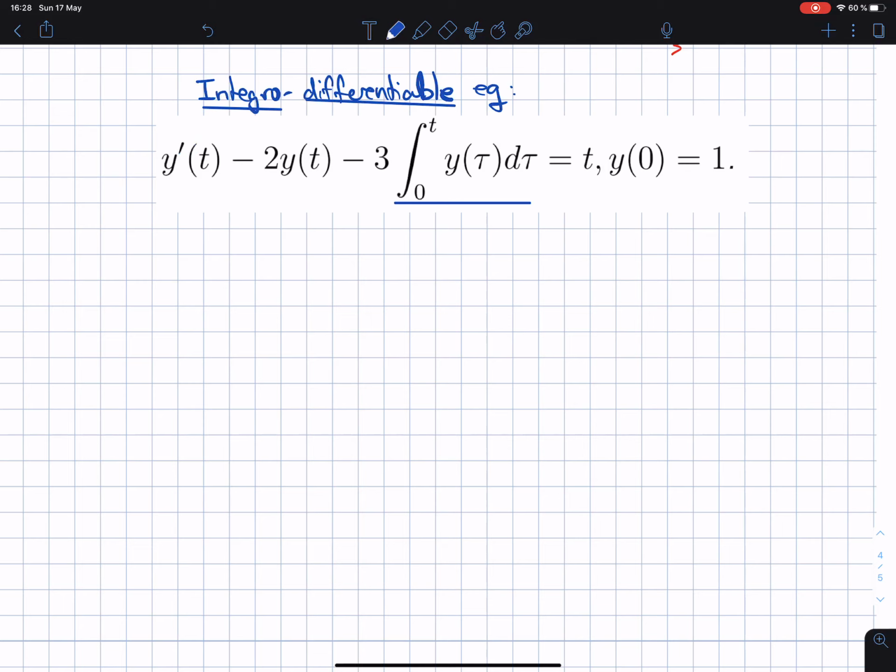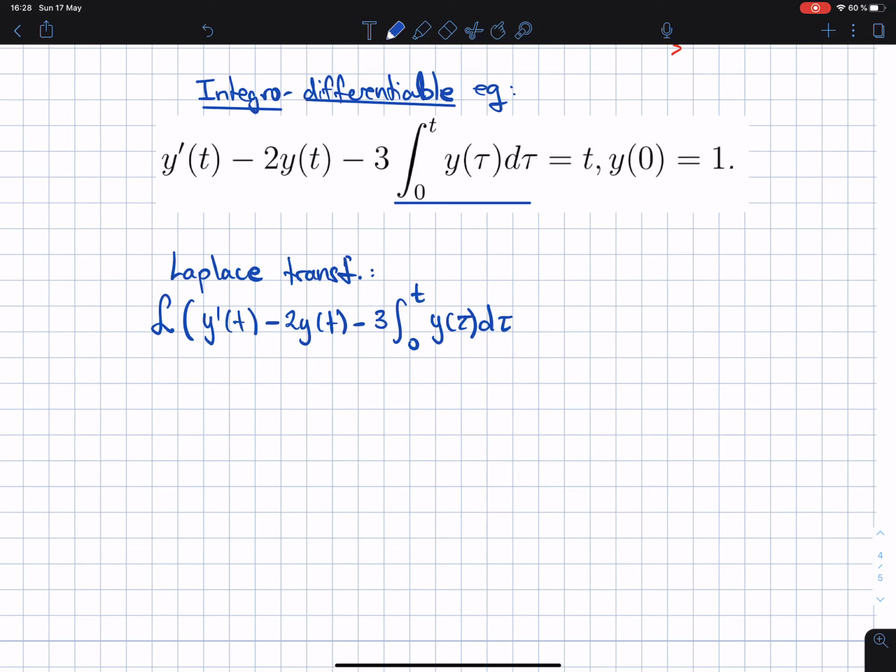So we will proceed very similarly to what we did with initial value problems. We will start by applying the Laplace transform to the whole equation, okay? When I apply the Laplace transform, what I get is that the Laplace transform of the whole left-hand side should be equal to the Laplace transform of the right-hand side, okay?